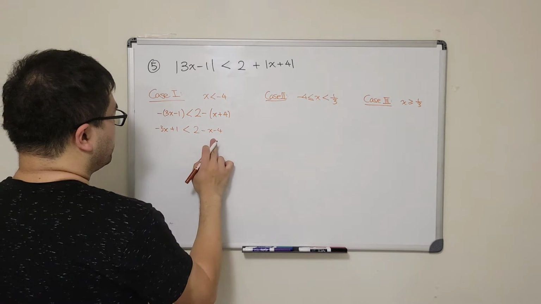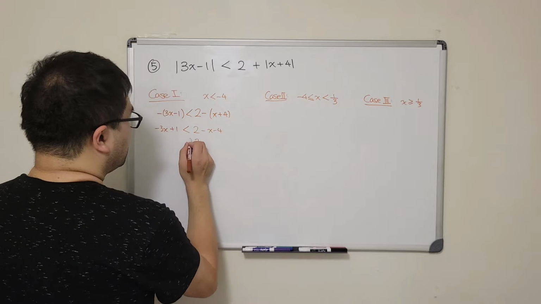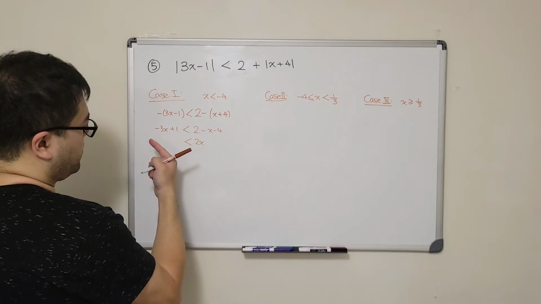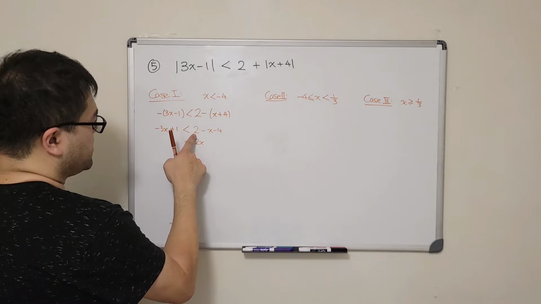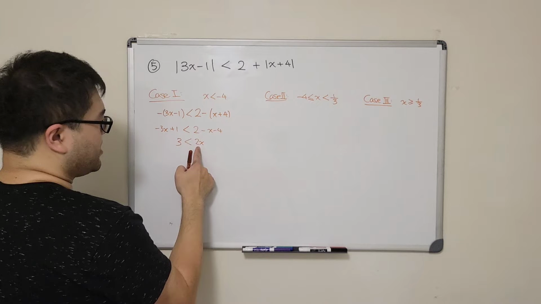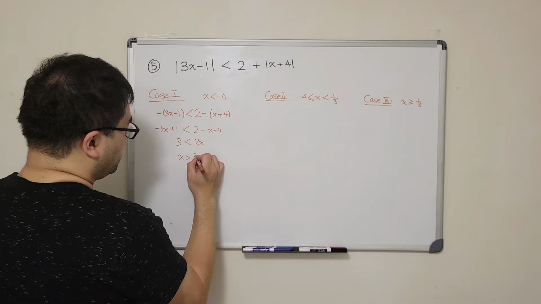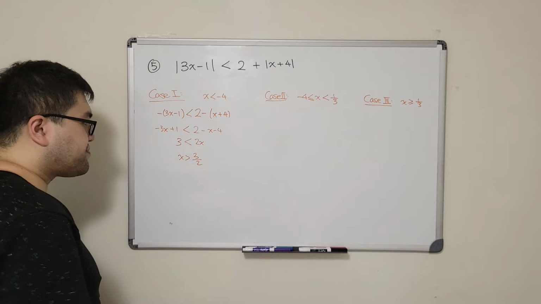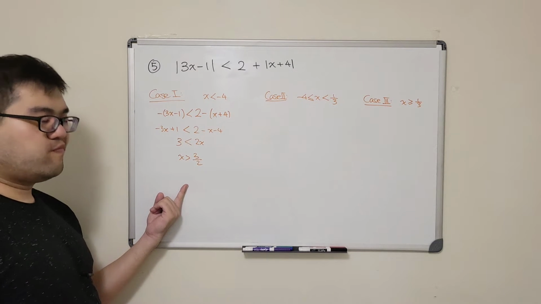So if we move the x to the right hand side, we get a 2x, which is greater than, well, if we read the other way around, we get 1 minus 2, which is negative 1, plus 4, which is 3. So we have 3 is less than 2x, meaning x is now greater than 3/2. So this is what happened in case 1.